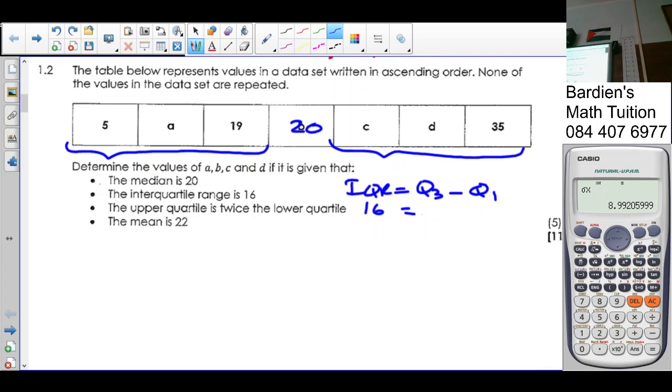So now, your Q1 is A, your Q3 is D. What is Q2? Your median is also Q2, not so? So in other words, we got Q3 minus Q1, so D minus A is 16. So that's equation 1. Definitely going to simultaneous equations here, 2 unknowns, A and D.